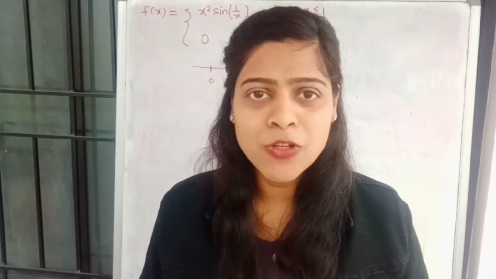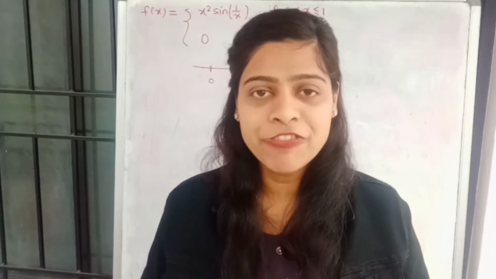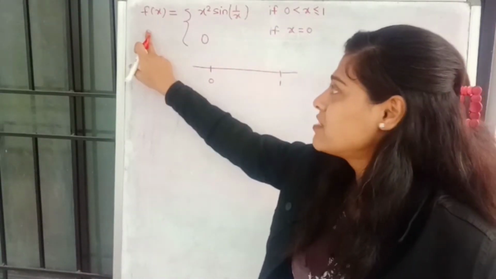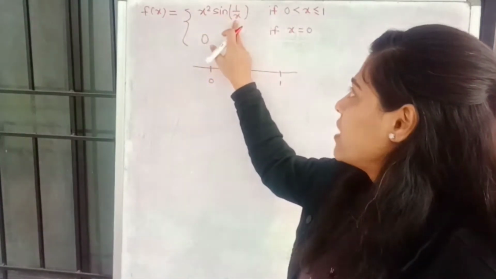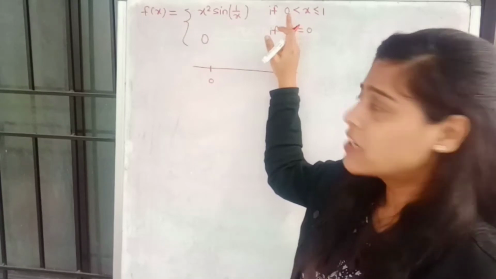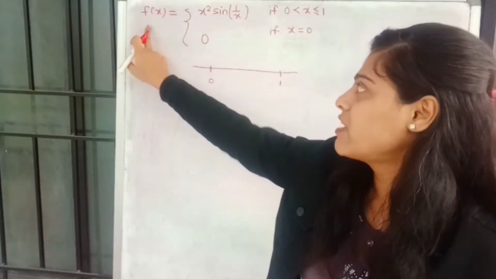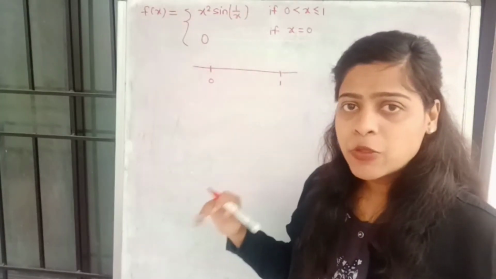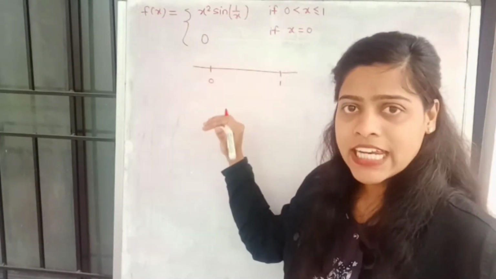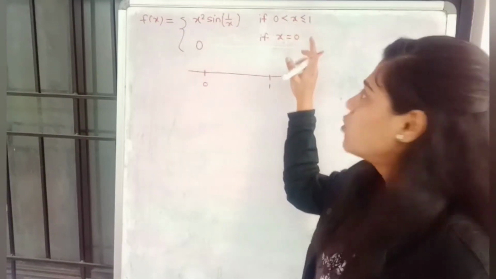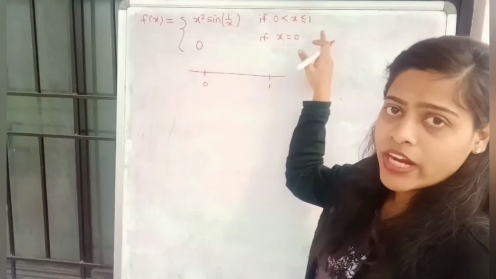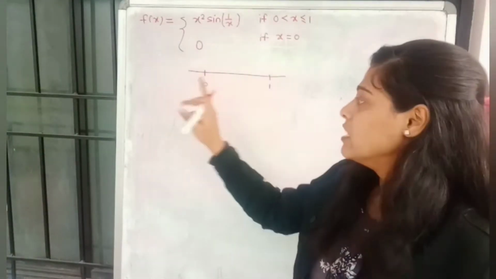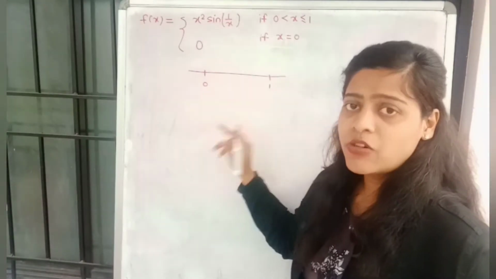Before we start the solution, firstly we have to consider the given function. Here the function f(x) = x² sin(1/x), where x belongs to the semi-open interval (0, 1], and f(x) = 0 if x = 0. When we try to represent this function on a real line, we know that x lies between 0 and 1, so we put the 2 points 0 and 1 on a real line.